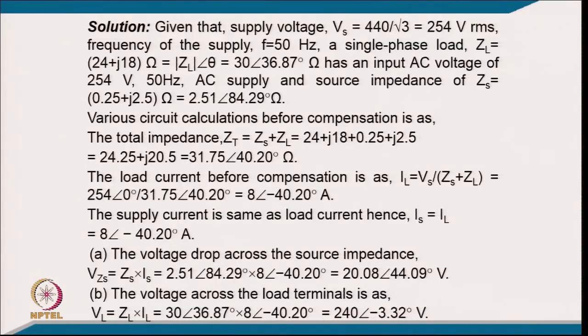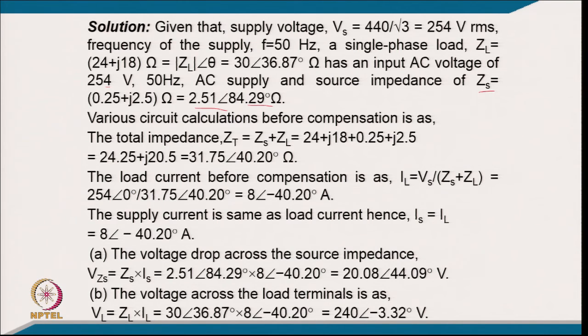These are the typical waveforms. Coming to the numerical part, given that the supply voltage Vs equal to 440 by root 3, 254 volt RMS, frequency of supply 50 hertz, and a load ZL equal to 24 plus j18, that is 30 ohm at the angle of 36.87 degree, with the input voltage of 415 by root 3, 50 hertz AC supply, and source impedance of 2.51 ohm at the angle of 84.29 degree.